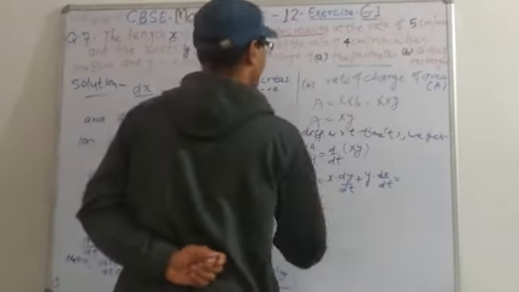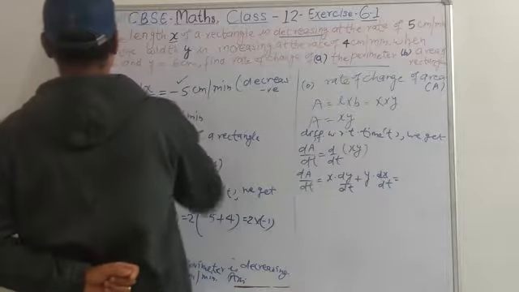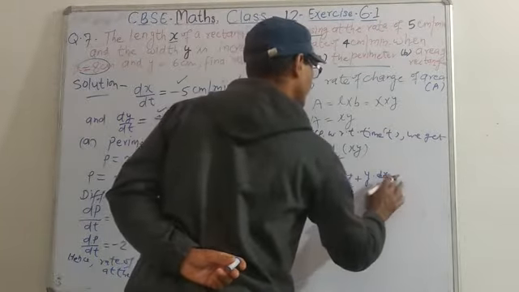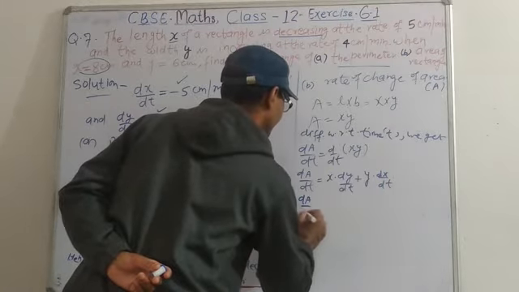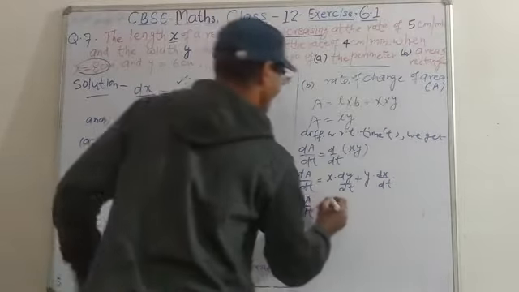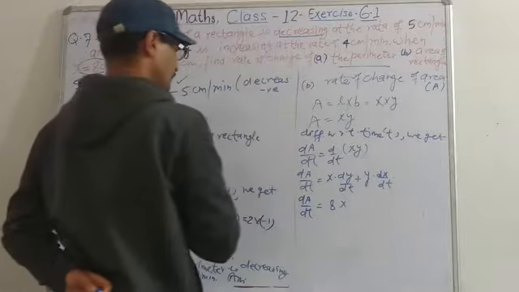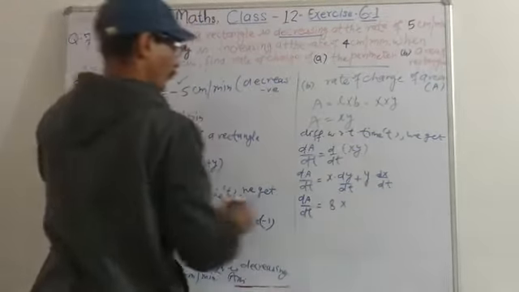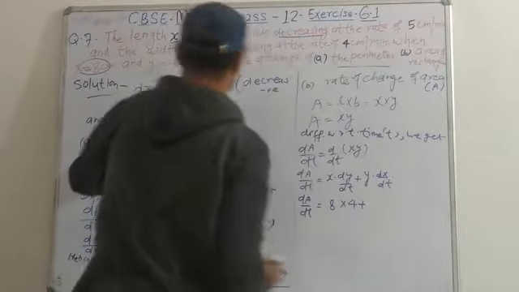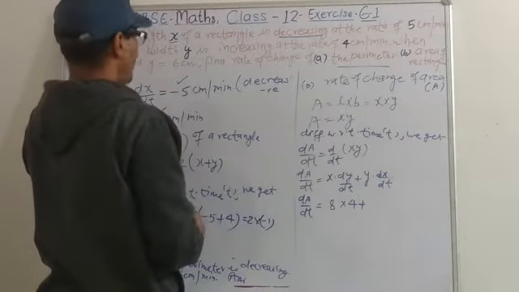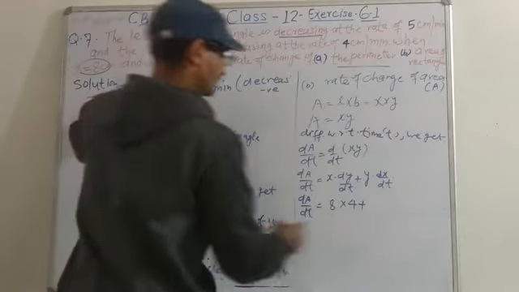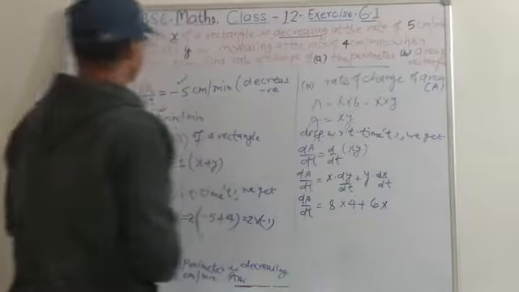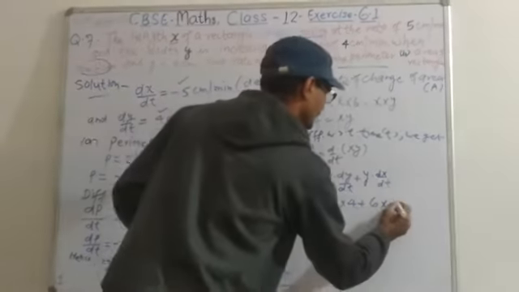X is given here, x is 8 centimeter. So we write dA by dt equals 8 into dy by dt, dy by dt we have 4, plus y is 6 and dx by dt is minus 5.